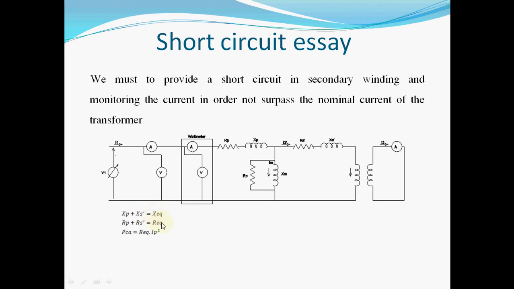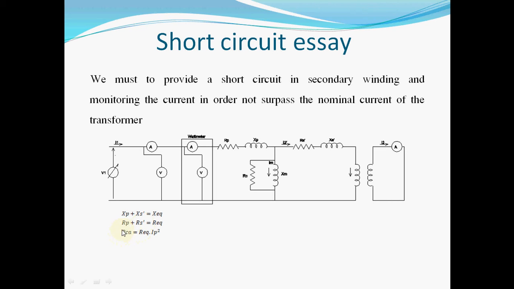In the same way, we can get the equivalent resistor, that is the sum of the resistor of primary plus the resistor of secondary reflected by the primary.